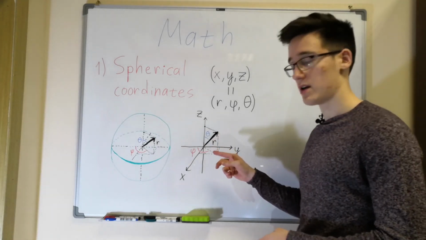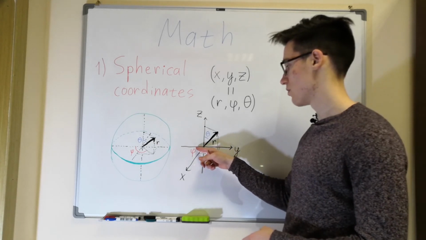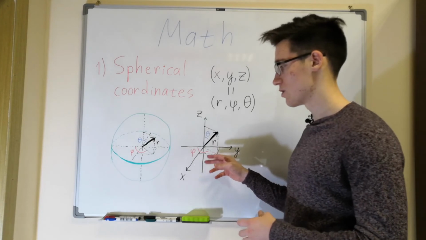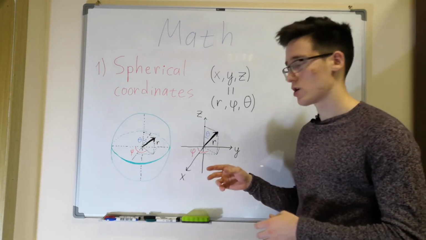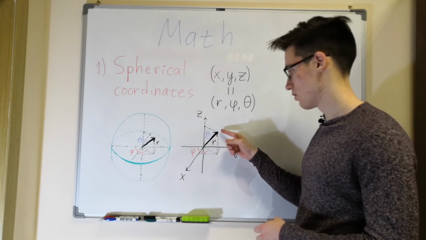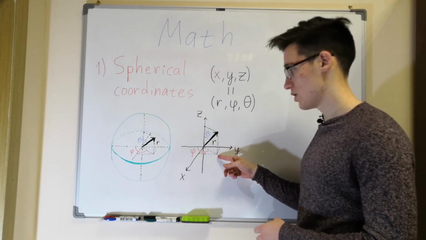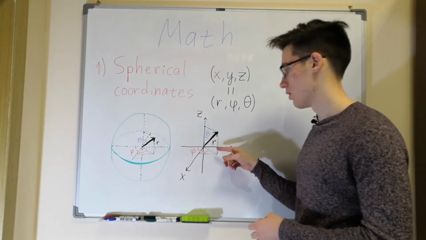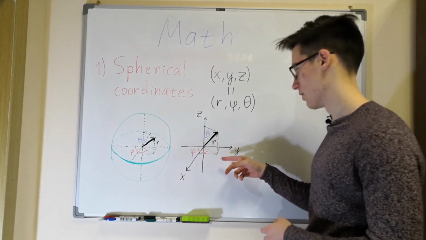So the phi angle varies from 0 to 2 pi radians, and it denotes an angle at which a projection of the vector to the xy plane is situated relative to the y line. All right, in this case it's left part.